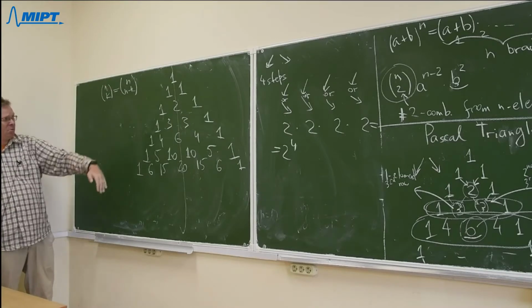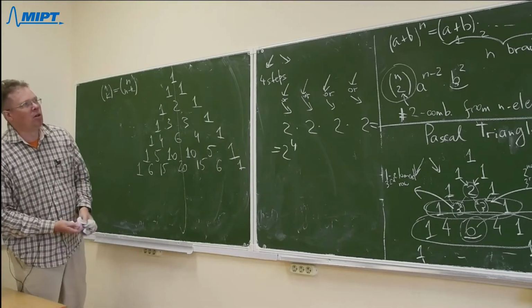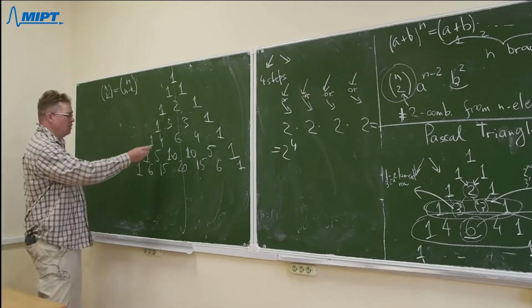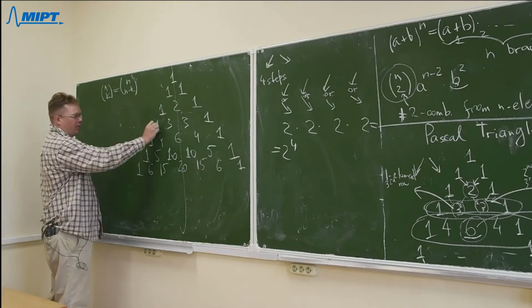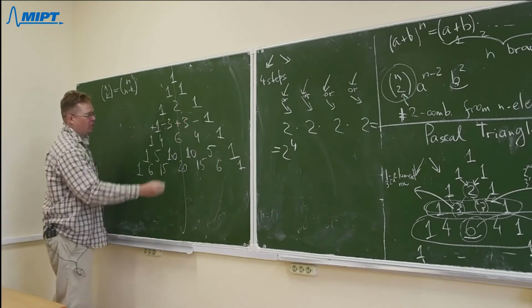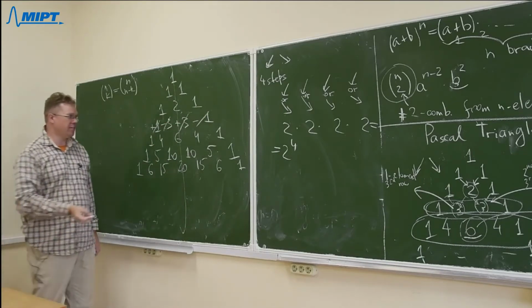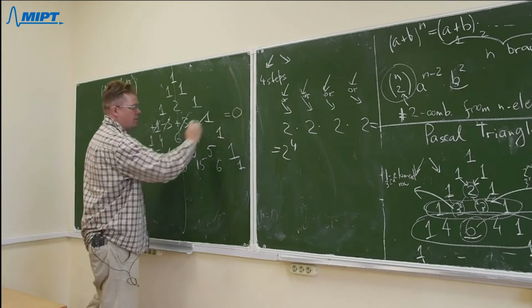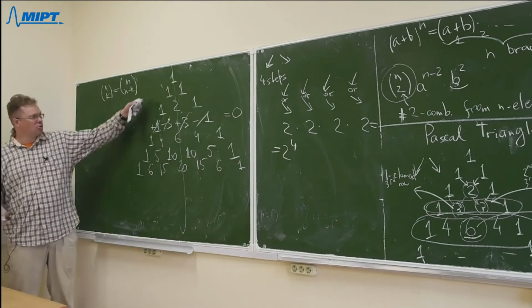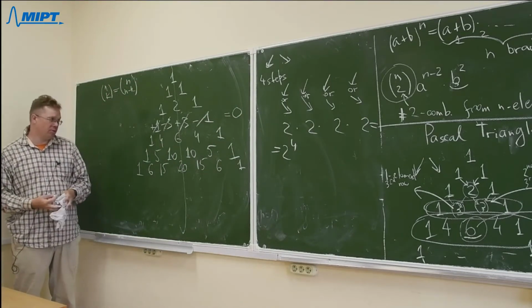So if you have the symmetry, of course, if you take the alternating sum, for example here you have plus 1 minus 3 plus 3 minus 1. Of course, they will cancel each other, and so the alternating sum of these odd rows will be equal to 0.